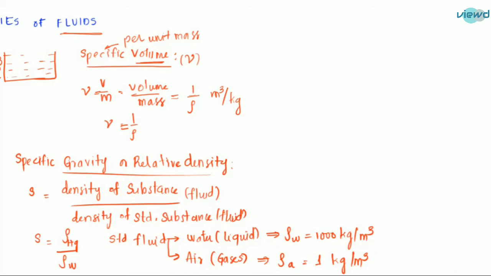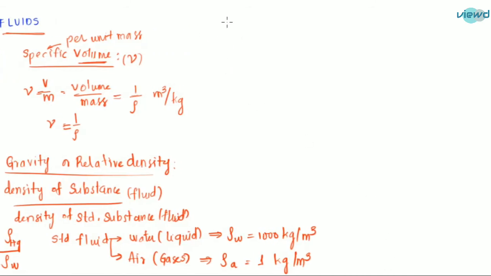And the next property is pressure. This pressure will be discussed in detail in the next chapter, but let us see in brief what pressure is. Pressure is the force acting per unit area.